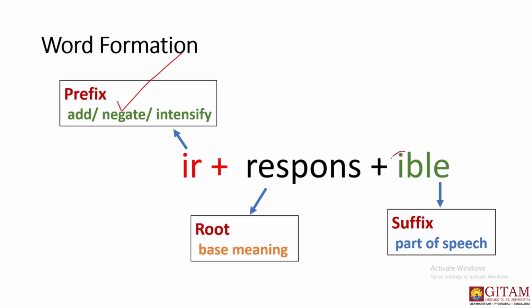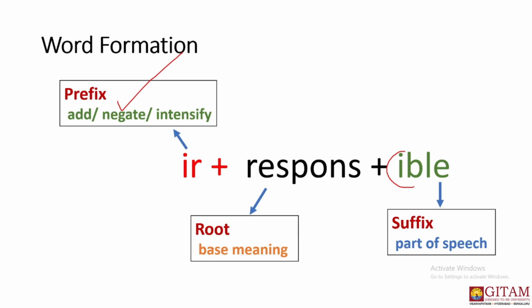So this tells us that this word is adjective. He is irresponsible. How can he be so irresponsible? I am describing a person here. That's adjective. So this is word formation. If you strictly speak, every word doesn't have to have the same pattern. However, learning these will definitely help us.